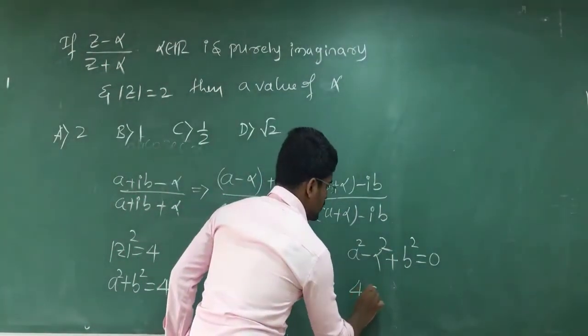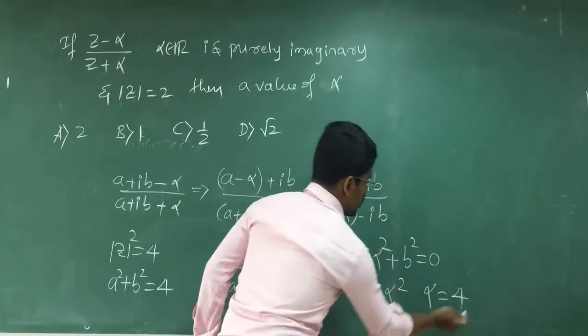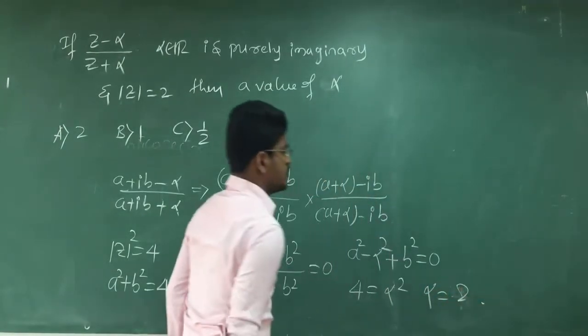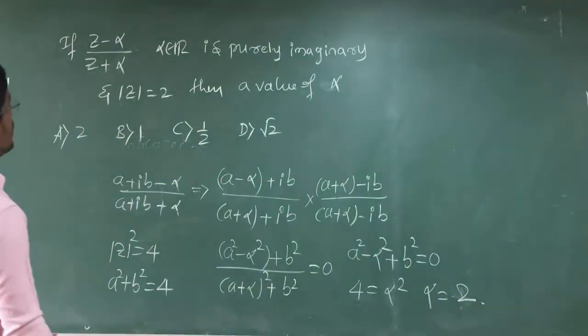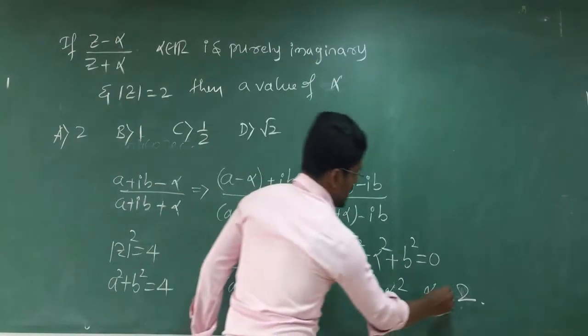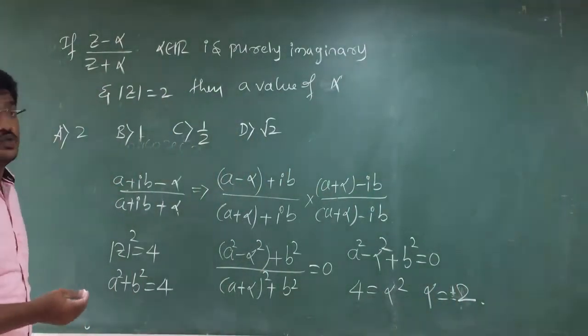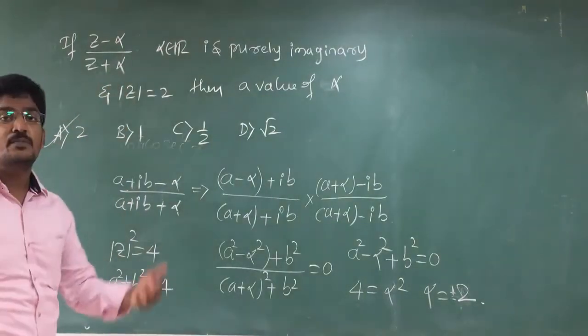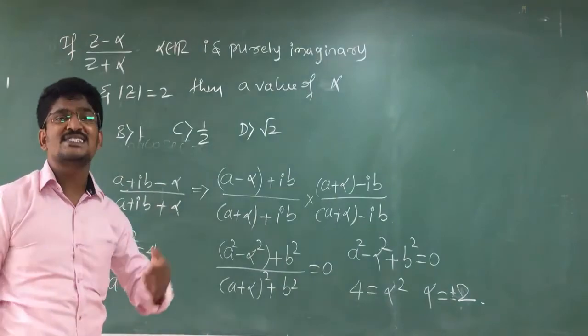So 4 will be equal to alpha square. So alpha will be equal to plus or minus 2. Let us see in this plus or minus 2 which you have. You have only plus 2. So I will take your answer as plus 2. Therefore the answer for this particular question is plus 2.